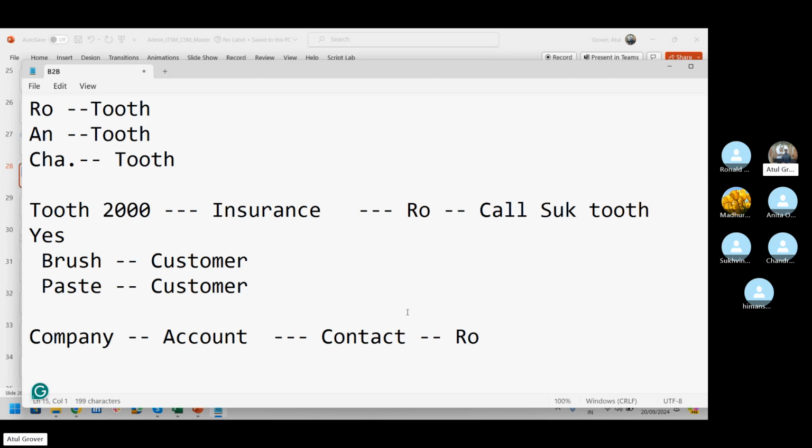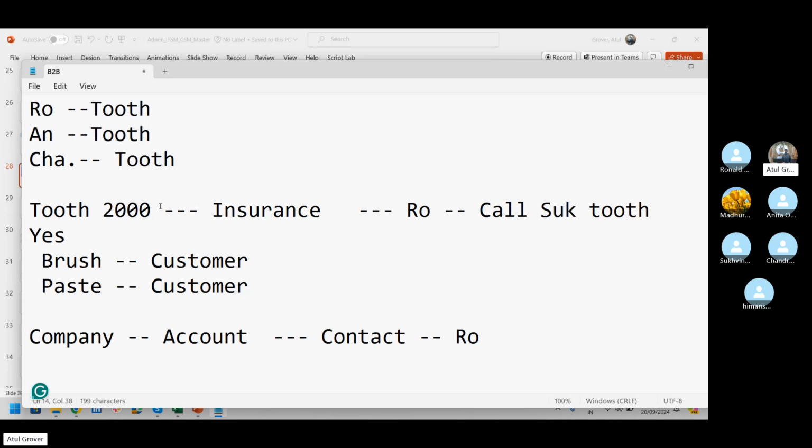Boss, give me your address, your code, your details, phone number, fax number, email address, because I have to maintain all records for you. Give me one person's name to whom I will reach out in case I need to make any changes, progress, updates, insurance, premium, claims. So I will create these records as well.